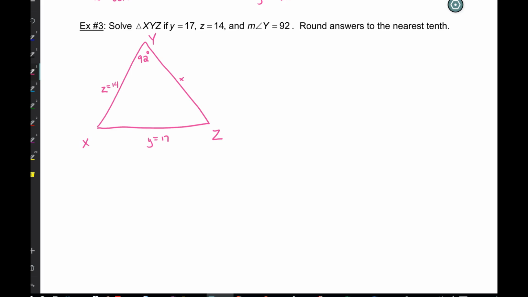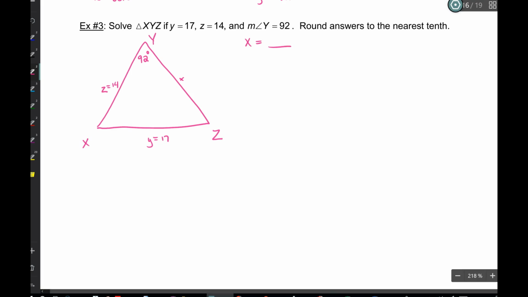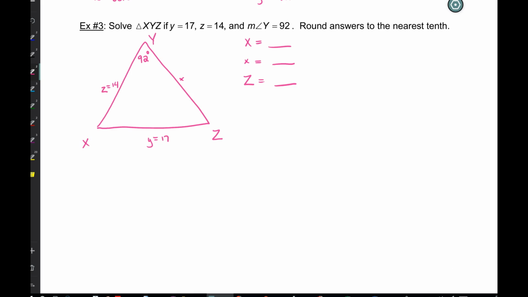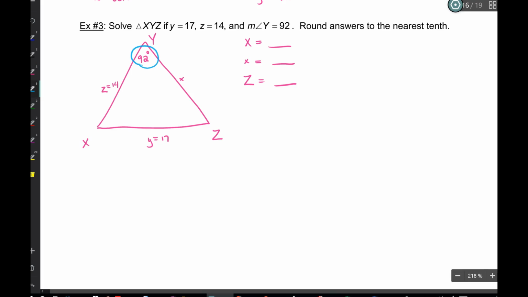Okay, so the three things that I'm missing are angle x, side x, and angle z. So first I want to identify the angle and side that I know that are opposite each other. Right, so 92 and 17.